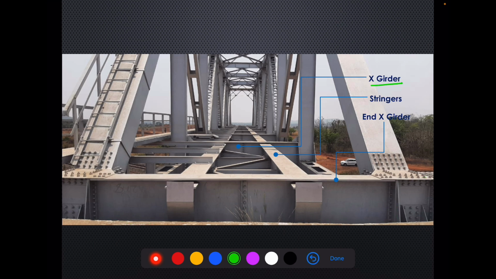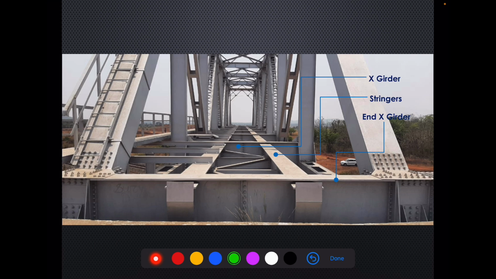Now you can easily see the arrangement among cross girders and stringers, and you see it carefully. These stringers are also connected with each other with the help of various elements. We can call it a stringer bracing system.